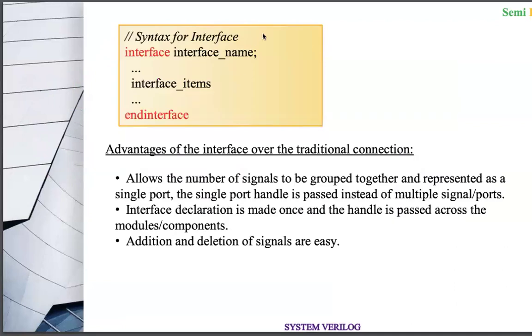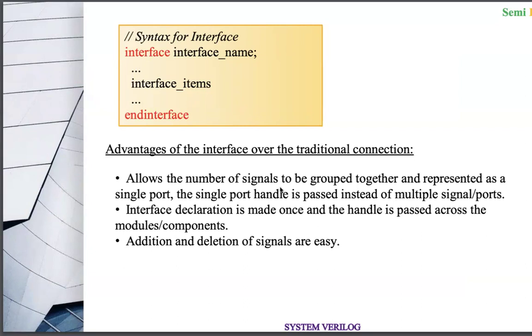Next, this is the syntax for the interface. Interface, name of the interface, and within the interface there will be interface items. What are the advantages of the interface over the traditional connection in Verilog? Here it allows a number of signals to be grouped together.